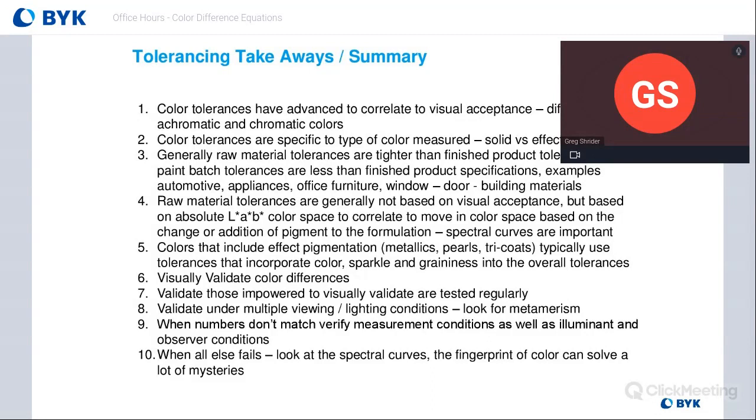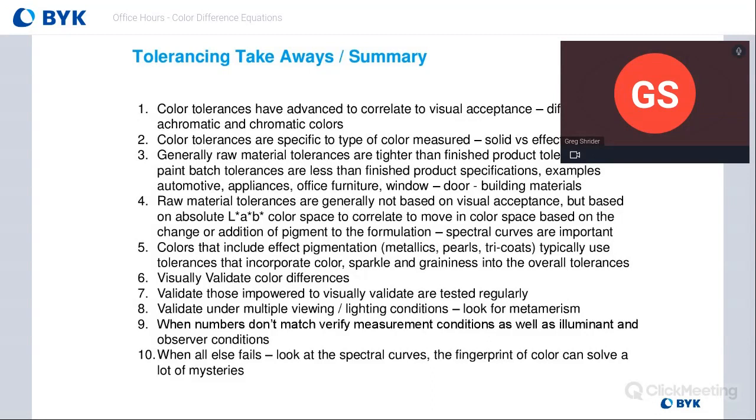So what are some of the takeaways, the summary for this afternoon? We'll start with color differences have advanced to correlate to visual acceptance, and there are differences for achromatic and chromatic colors. That's been a theme throughout all of the advancements in the color difference equations, and it really started back in 1988 when we went away from rectangular tolerances to elliptical tolerances.